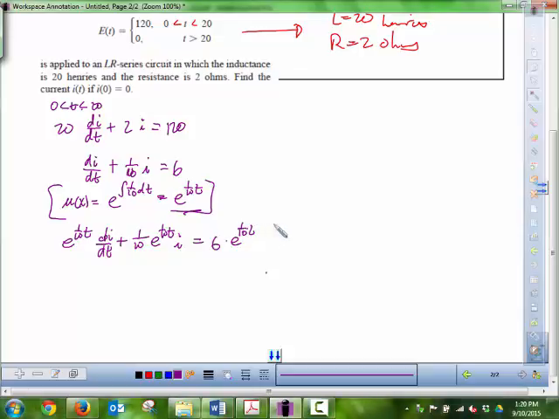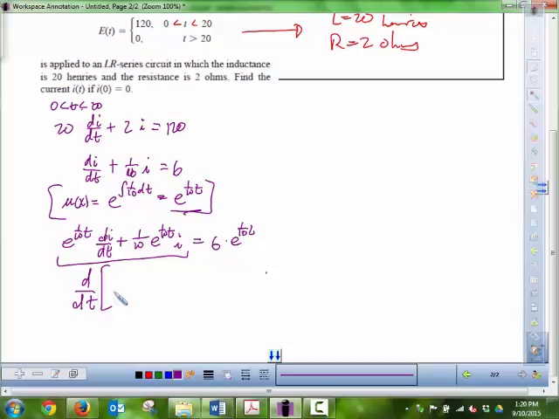So what I did there is I multiplied everything by the integrating factor, and what you have to realize is that the left-hand side is actually a product rule, where you had taken the derivative of two things.